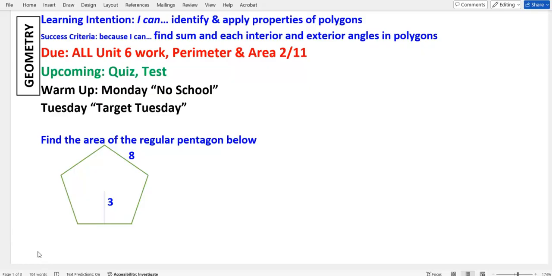Okay, now you would know from your notes or from the formula chart I gave you how to do area of a regular pentagon. Okay, so let's write this down. Pentagon, or another one is polygon. Now how do we find the area of a polygon? Does anyone know the formula off the top of their head or from their notes?